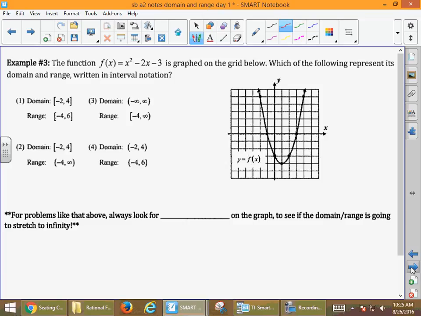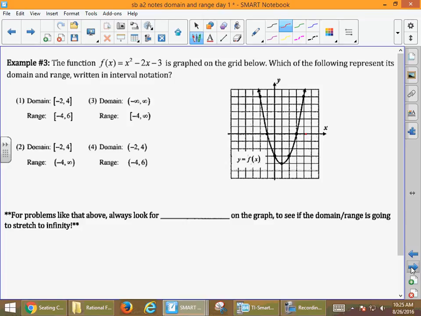And so the question is, if we look at this first answer, from -2 to 4, is that going to be our domain? It kind of looks like it, but I'm not sure. And we do have it in 3 of the 4 answers, but what if the answer's 3?